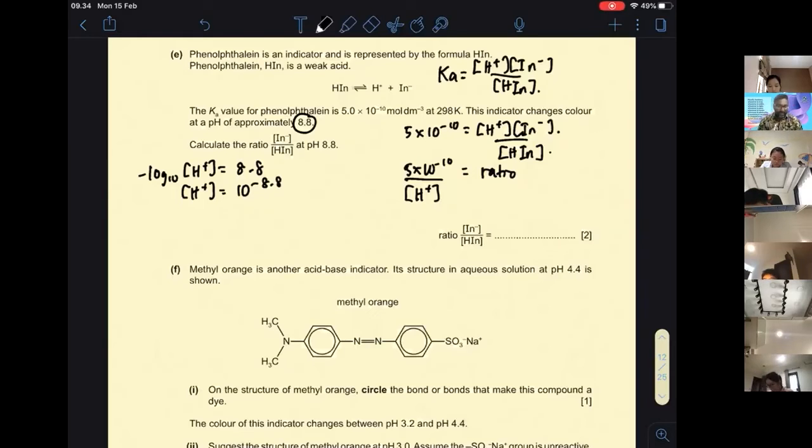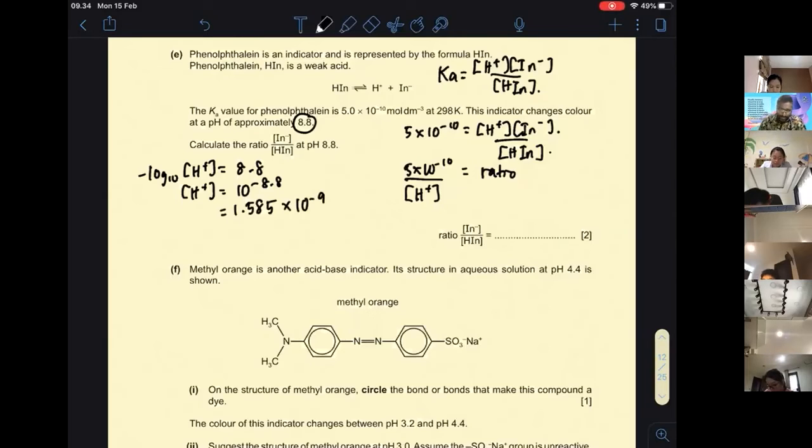You just need to press shift and then press log, and you will get 10 to the power of something. This is very important: make sure you input negative 8.8, because it is not automatically input for you. You will get 1.585 times 10 negative 9.